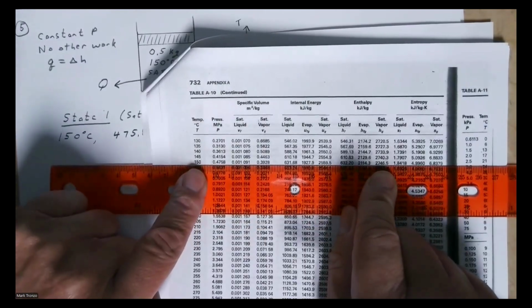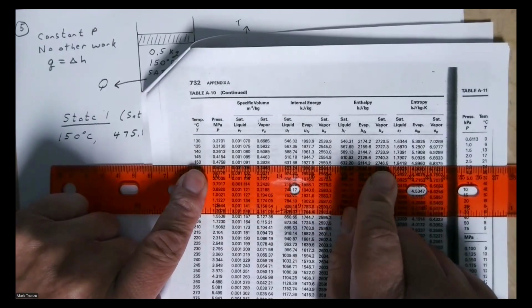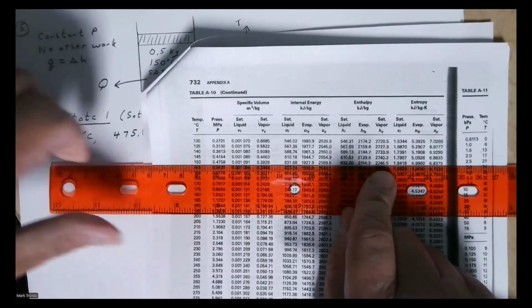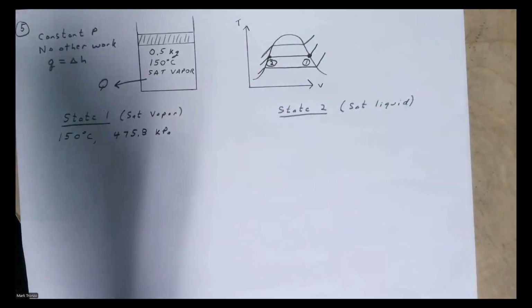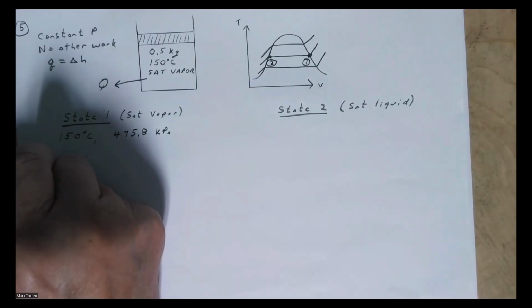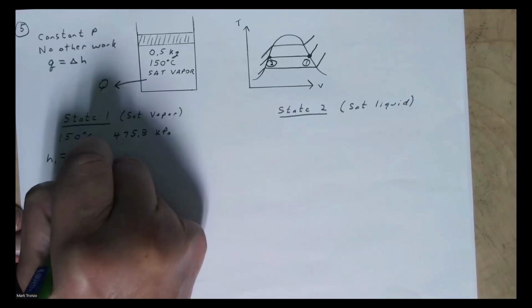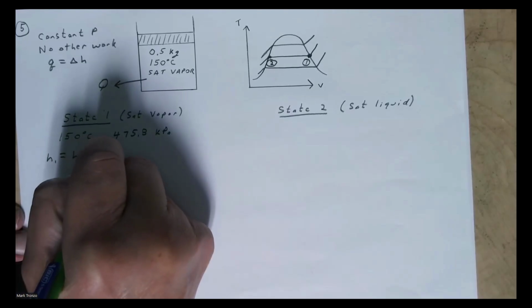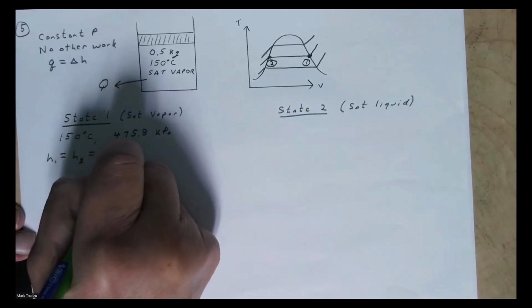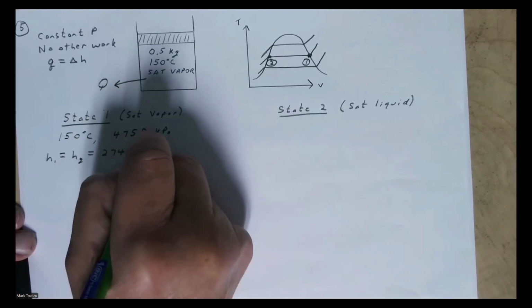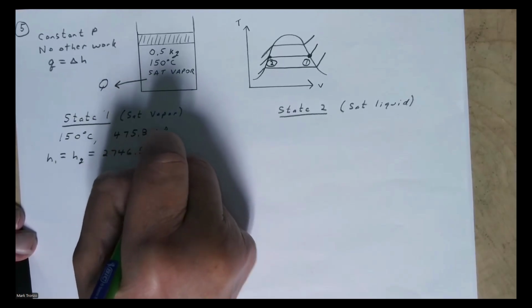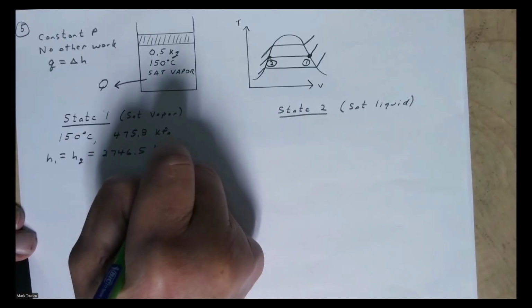Then at 150, we have Hg was 2746.5 kilojoules per kilogram.